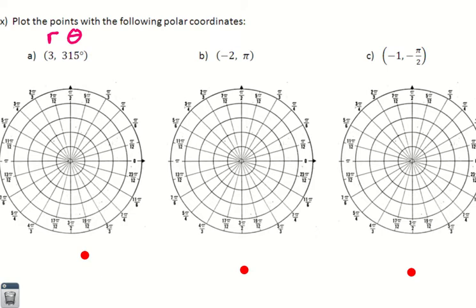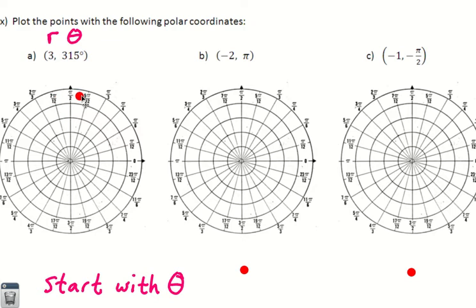So here's something you might want to write down. You should always start with theta, which means figure out where the angle is first. And that's my advice. So, figuring out where is 315. Well, this would be 15, right? It goes 15, 30, 45, 60.